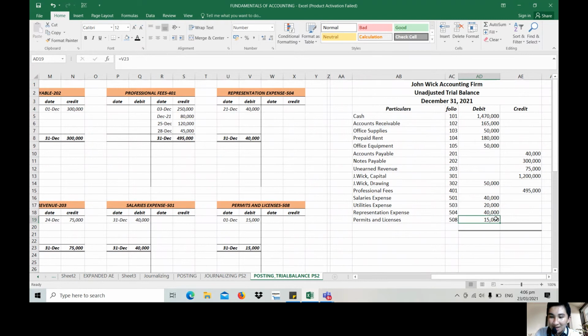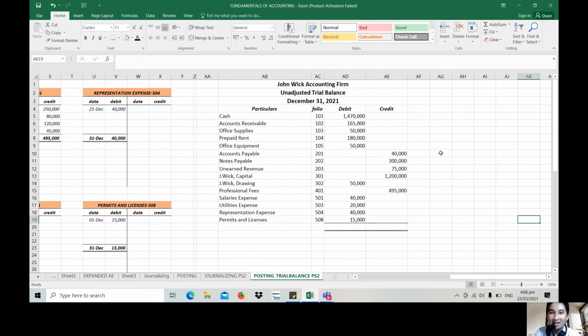Now, tapos na tayo sa trial balance natin, unadjusted trial balance. Okay, nalagay natin dyan lahat ng debit at lahat ng credit. So kapag hindi ito balance, merong something wrong. Total natin lahat.